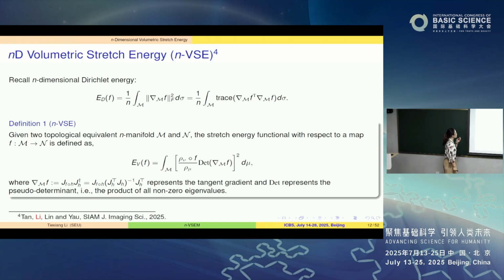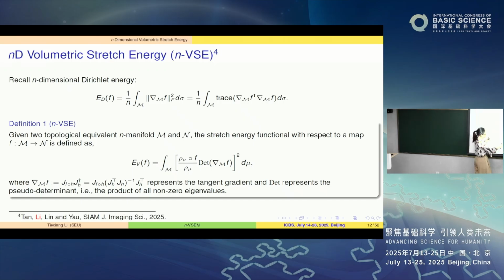Based on this, we generalize this part, and we can define the ND volumetric structure energy in this way. Given two topologically equivalent N manifolds M and N, we define the ND structure energy functional as this one.